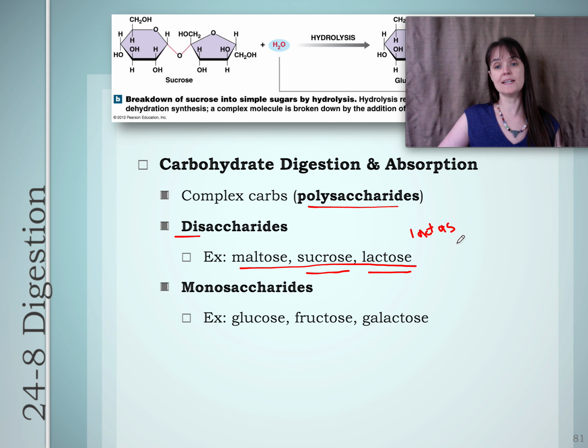And the lactase breaks the lactose down into its 2 constituent parts, which I think is the galactose and the glucose, but it's been a while since I looked that up. And so if you don't have lactase, then you are lactose intolerant.